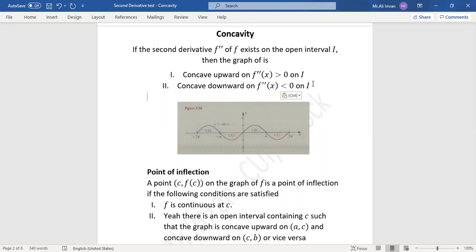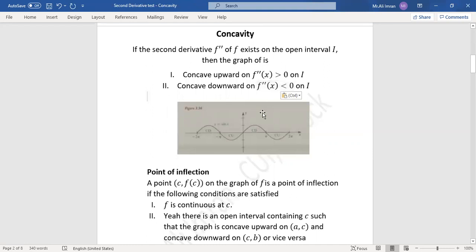Then we will take a test value from the interval and put it in the second derivative. If it is greater than 0, then the function has a concave upward graph, and if it is less than 0, then the function will have a concave downward graph.